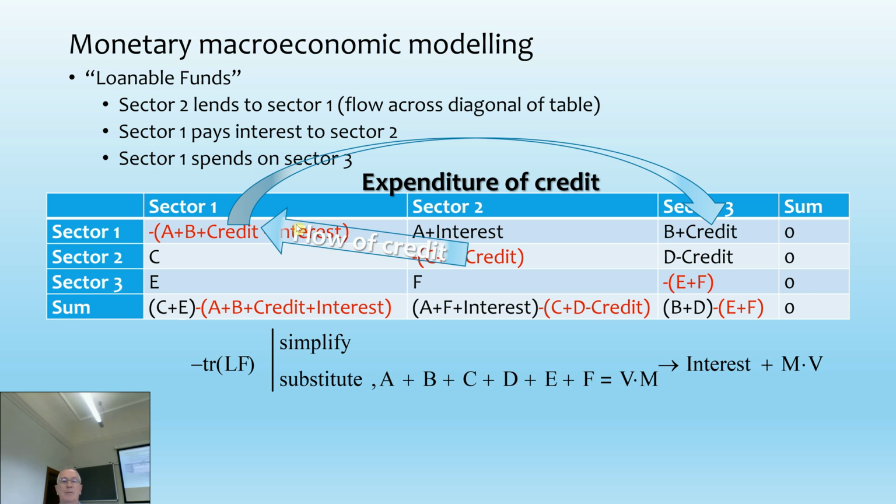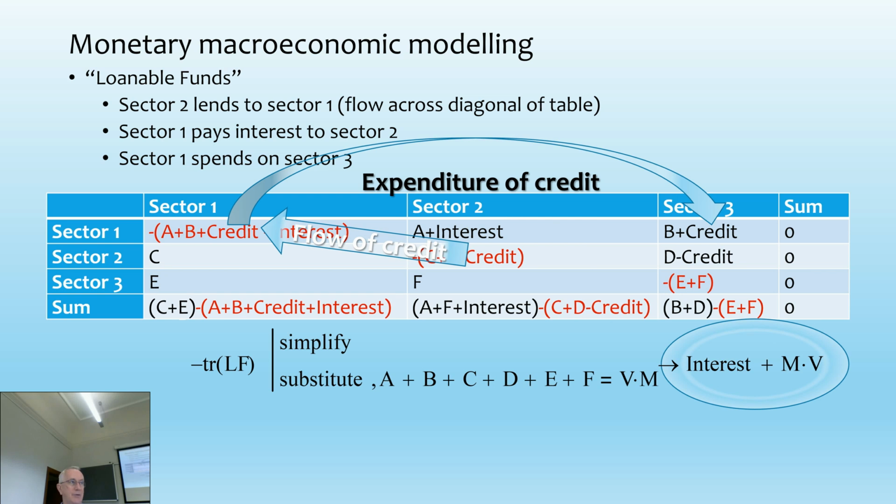Because interest is expenditure here and an income there. Okay? So interest only appears once on the diagonal, once on the off diagonal. Credit appears twice in both, once positive, once negative, therefore it cancels out. Okay? So credit plays no role in aggregate demand if you're working in loanable funds.